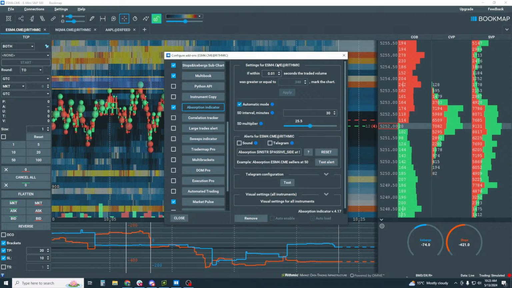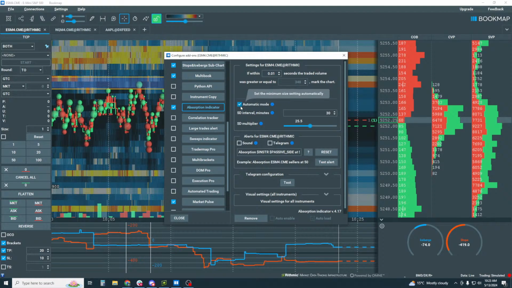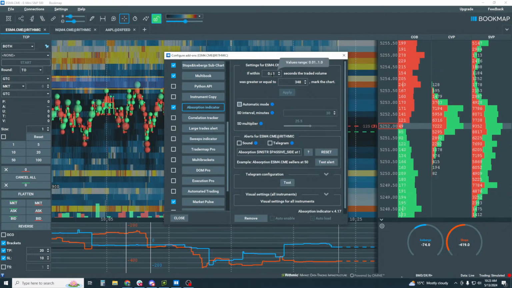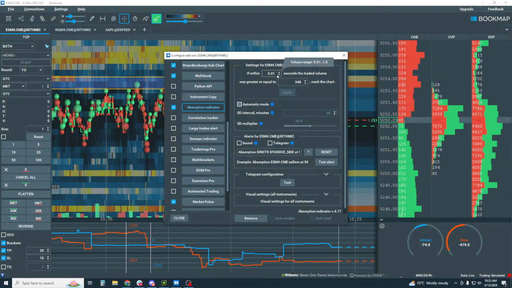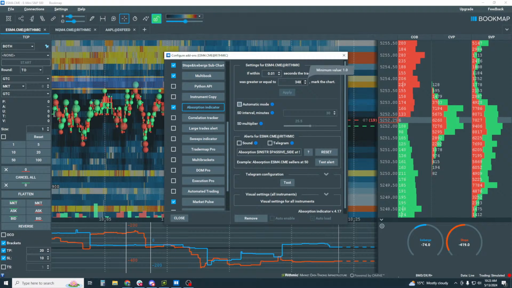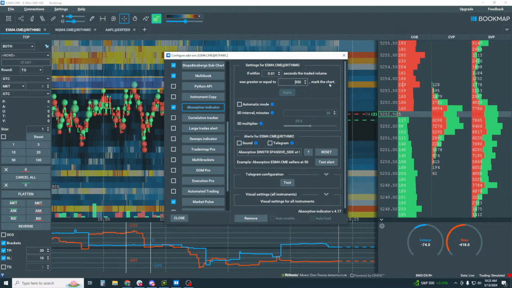It's a very, very simple indicator, but what it can show is pretty profound. Let me go through what it's showing you and how it works. Very simply, the settings are here. If within 0.01 seconds the traded volume was greater than or equal to, in this case, 348 contracts, I can make it 350 here, then mark the chart.